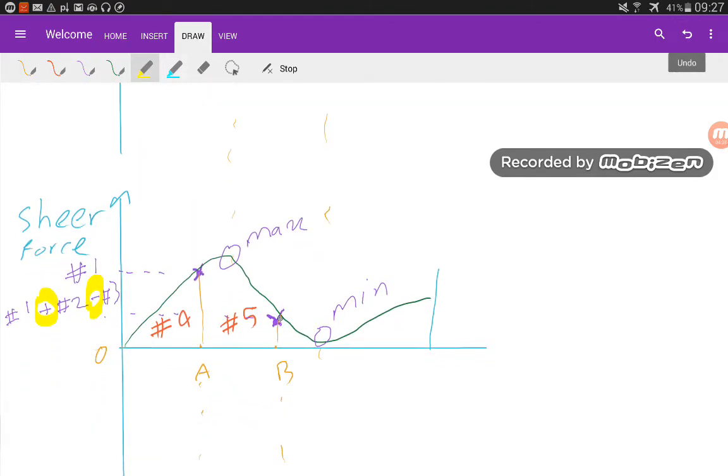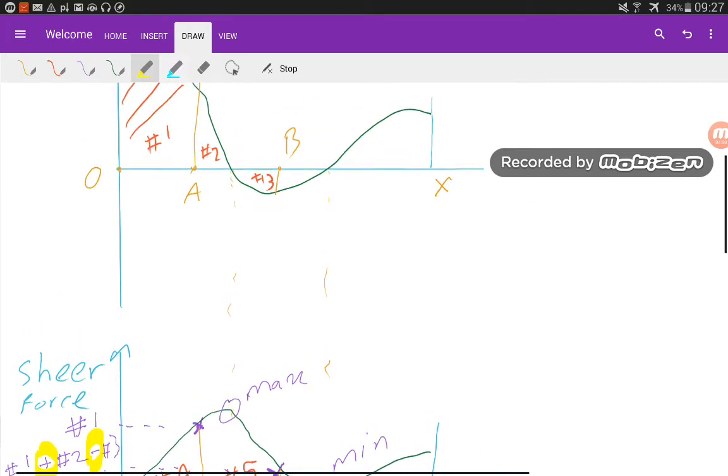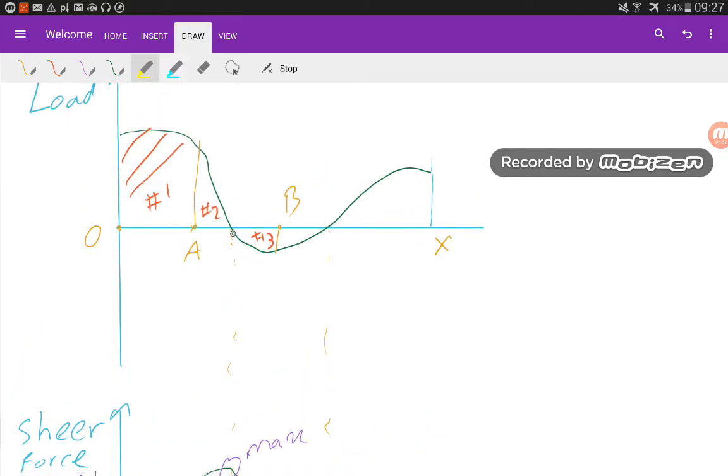Okay, so this is the shear force at point B, area number 1 plus area number 2 minus area number 3.